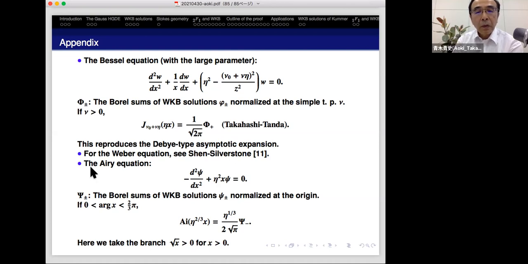So some kind of such consideration can be possible, even for classical objects. Also, I guess some discussion can be possible by using WKB.